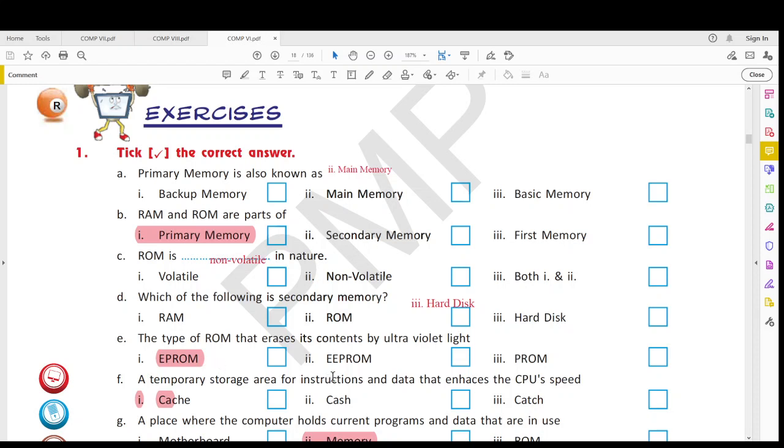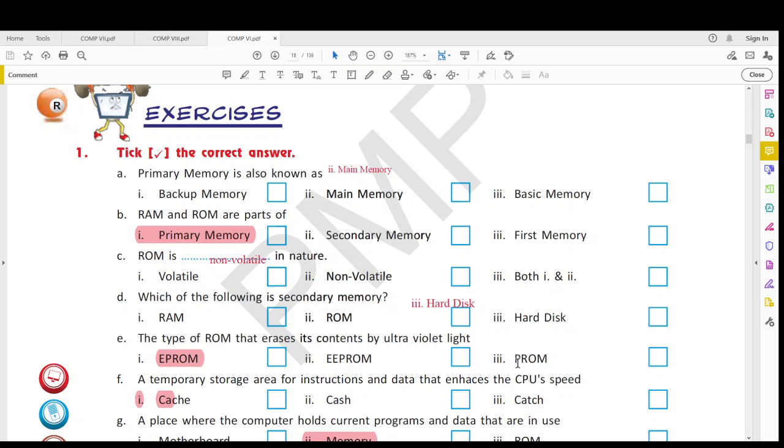And you know why it will not be EEPROM? Because it is electrically erasable. It erases by the application of electricity. But EPROM, it erases by the application of ultraviolet light. Okay? And PROM, it is not the correct answer. It is programmable read-only memory.